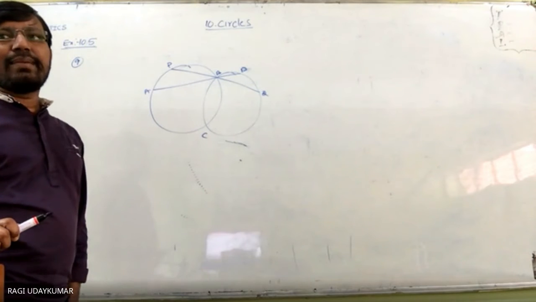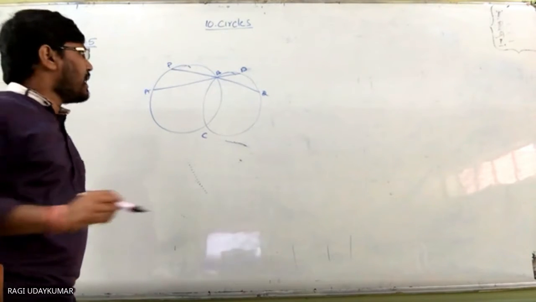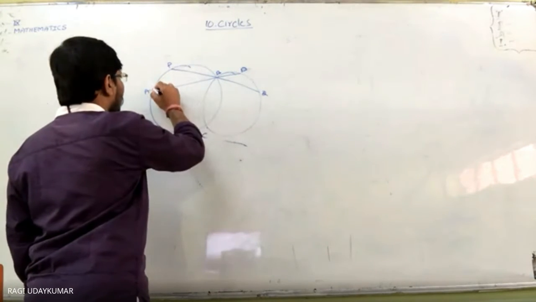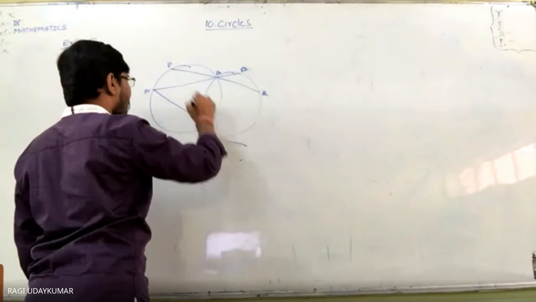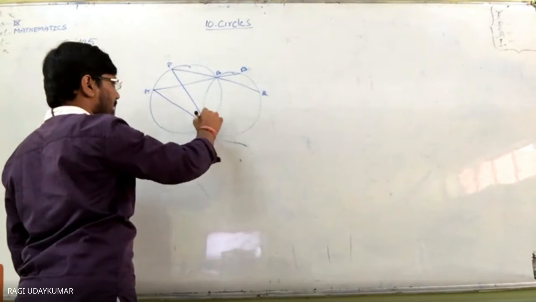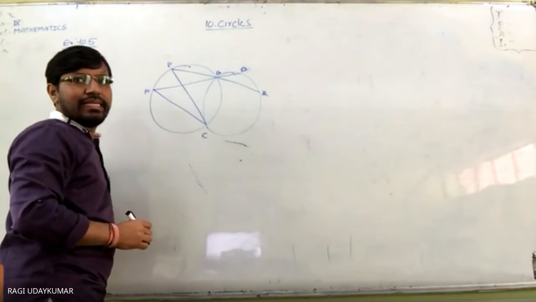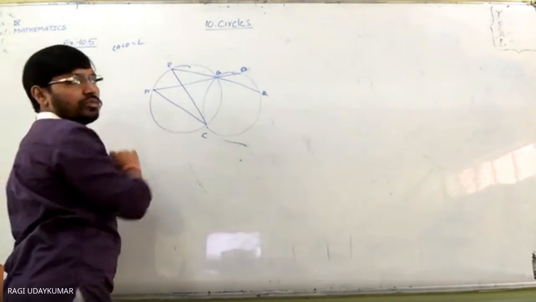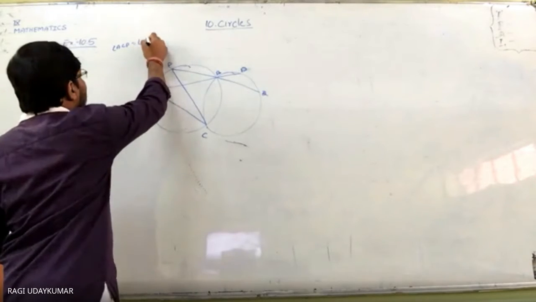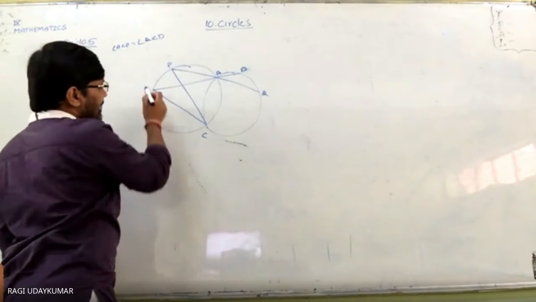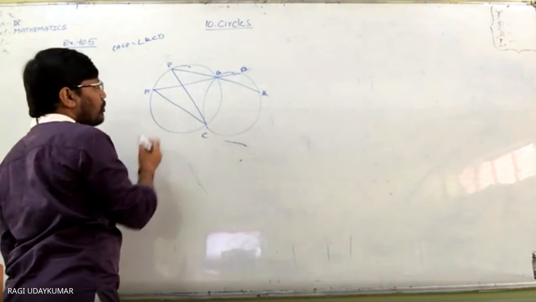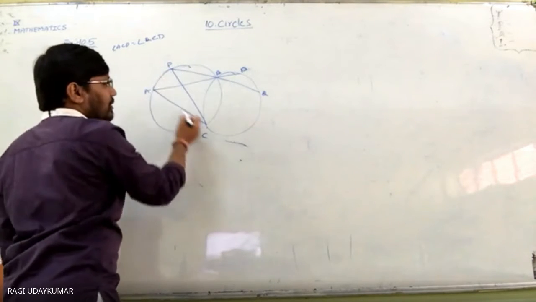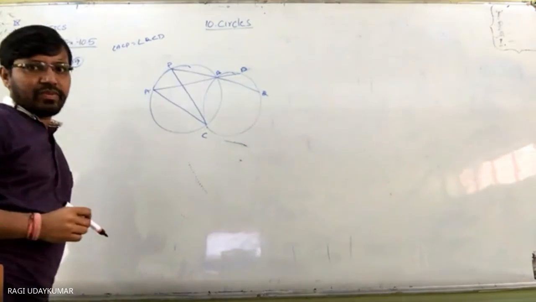Prove that angle ACP is equals to angle QCD. See, ACP equal to what you made, angle made by this arc, other point.